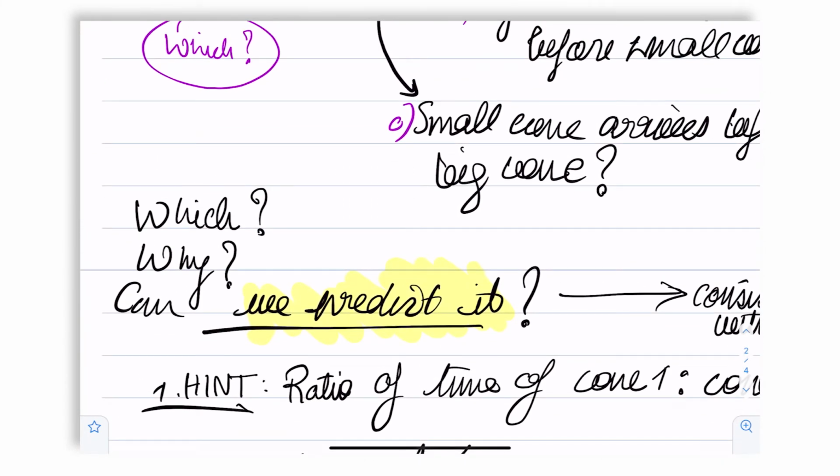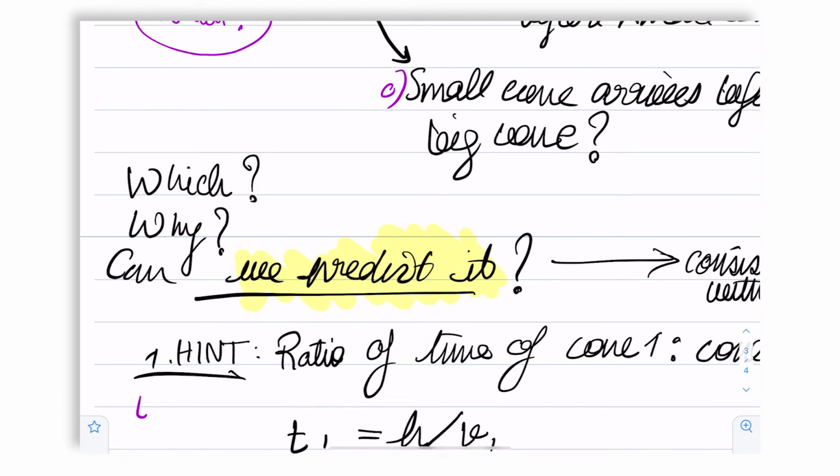So time in any motion is nothing but, when something is moving, time is equal to the height through which the object travels upon the velocity. Yes, we agree. Which is in terms of length upon length time inverse, right? So we end up with time. So this should be quite easy.